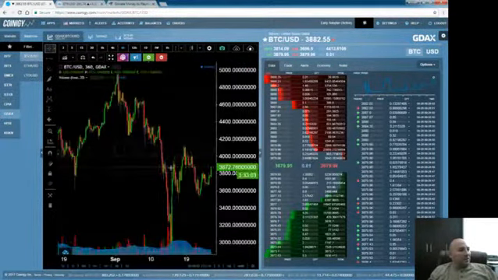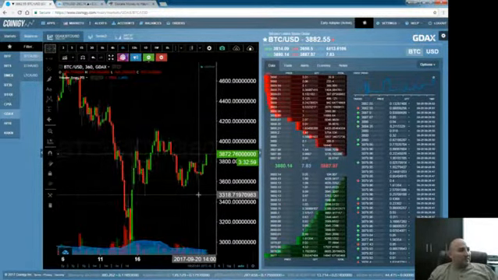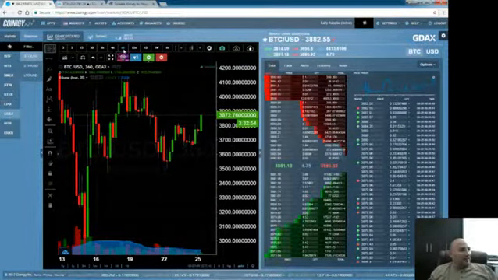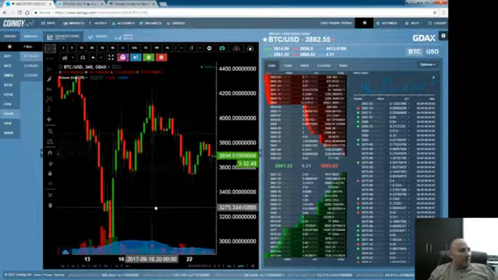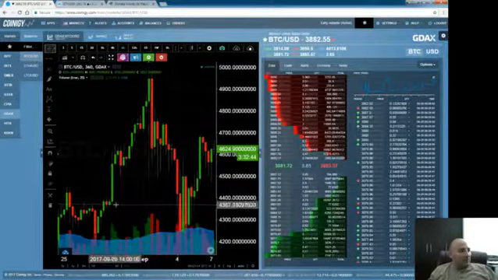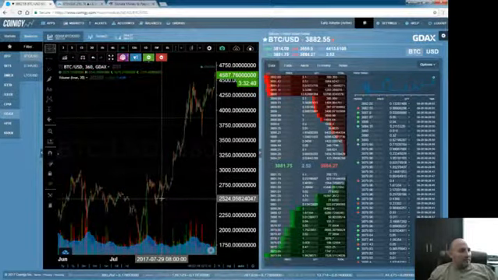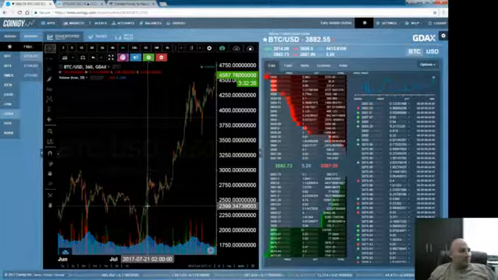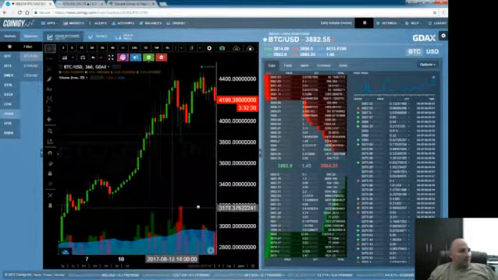Let's look at Bitcoin, because Bitcoin is ruling right now. Well, we have some green line at 6 hour, but I don't see a lot of volume down here. A lot of volume would look something like this, but not after a downtrend like that. It would have to be something like over here.